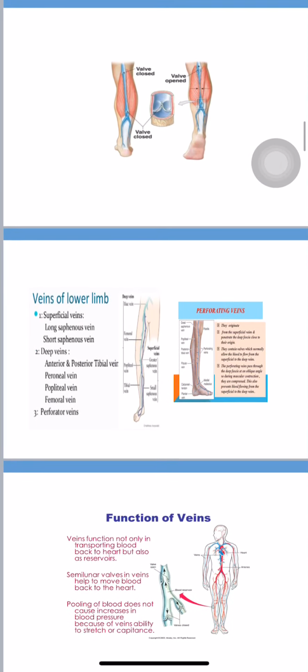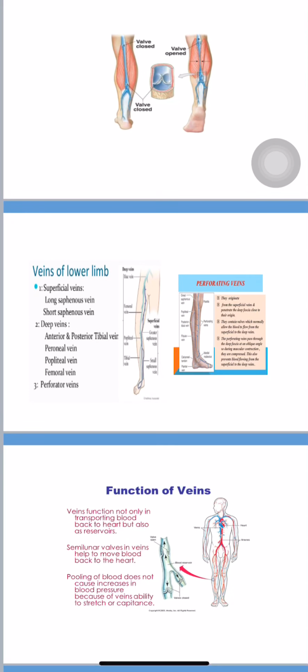Next we will see the types of veins. The veins are mainly deep veins, superficial veins and perforating veins. The deep veins lie below the deep fascia, and superficial veins lie outside the deep fascia and carry 10% of blood. The superficial veins are mainly the long saphenous vein and short saphenous vein.